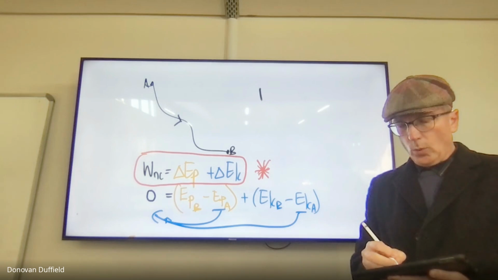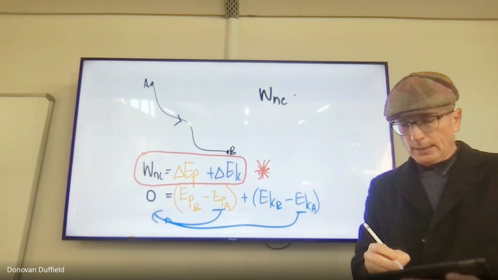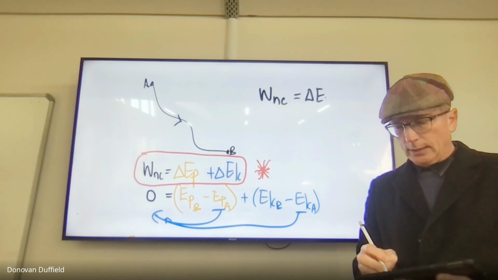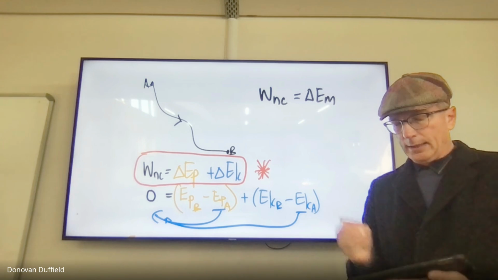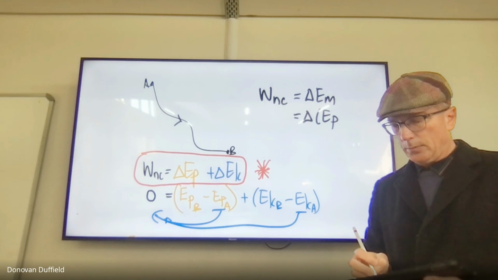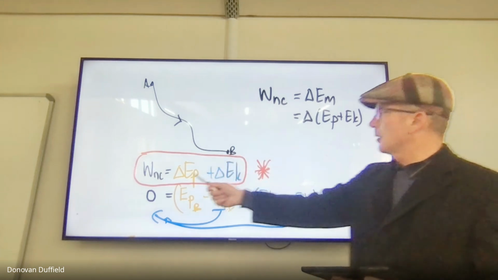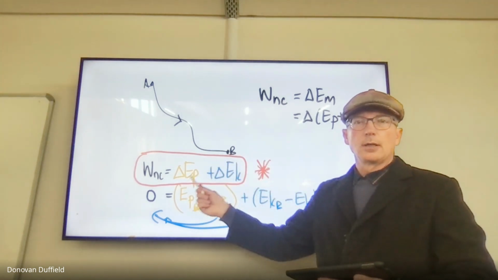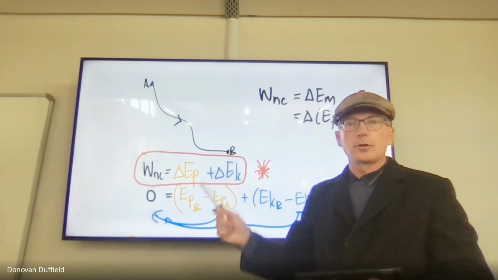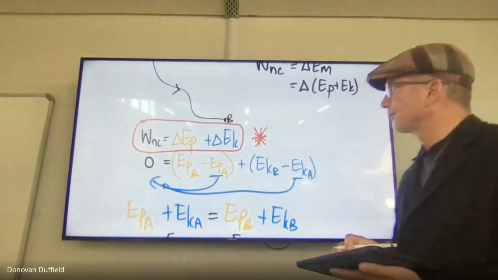So when work is done by non-conservative forces, it changes the mechanical energy. And that changing the mechanical energy is changing the potential energy plus the kinetic energy sum, which means that you're changing the potential energy and the kinetic energy, and the sum of the two is the change in the mechanical energy. So this is very important.